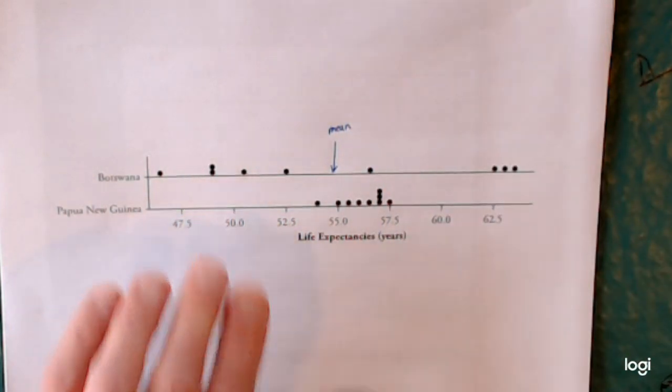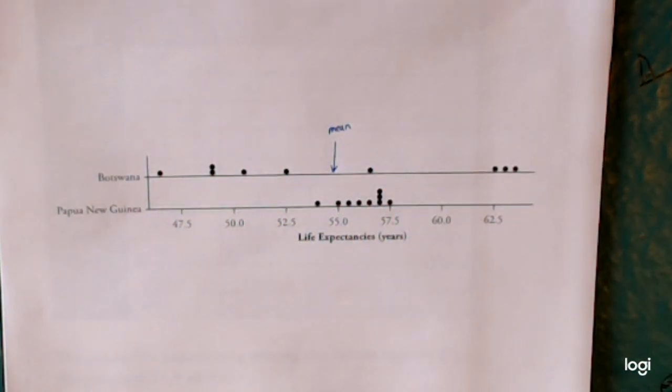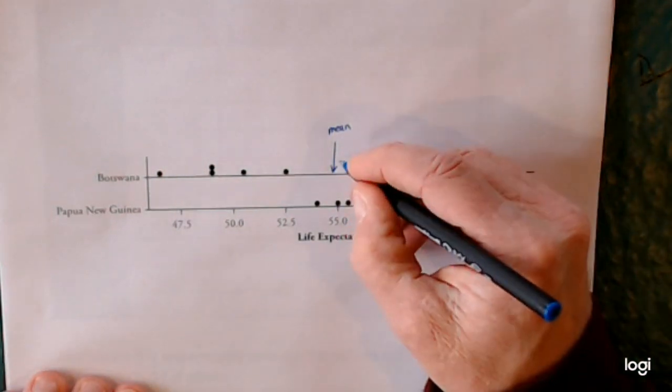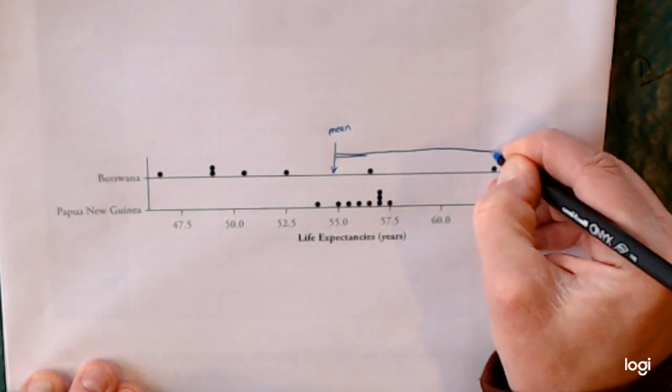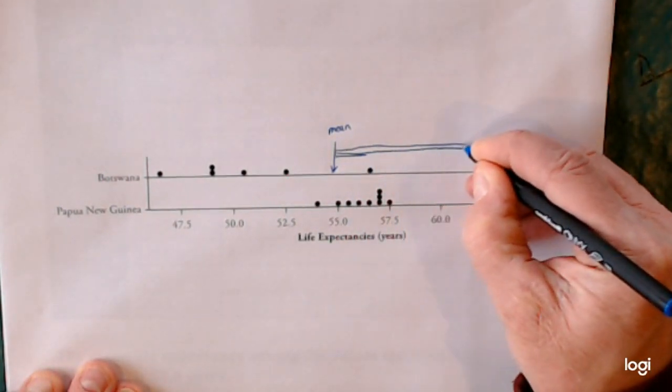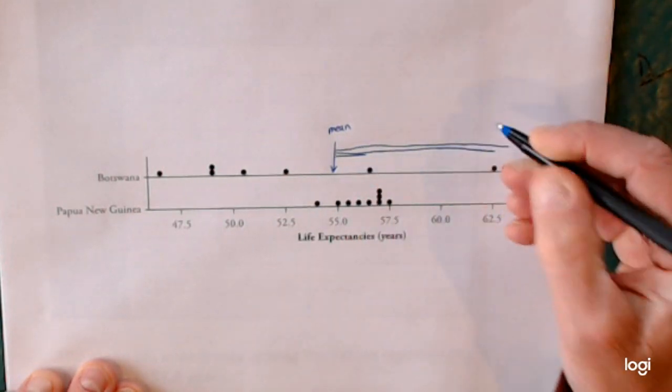Now one way you might think to measure how spread out a data set is, is to talk about how far the observations are from the mean. Lots of observations for Botswana are a good long way from the mean.